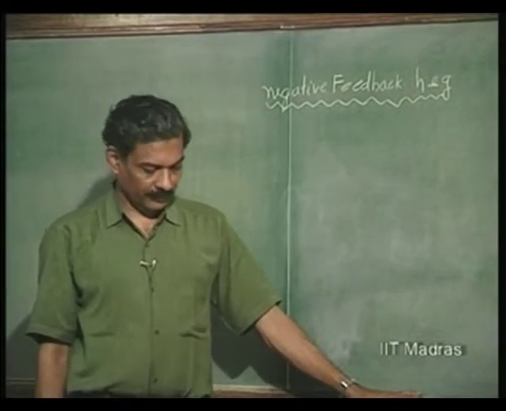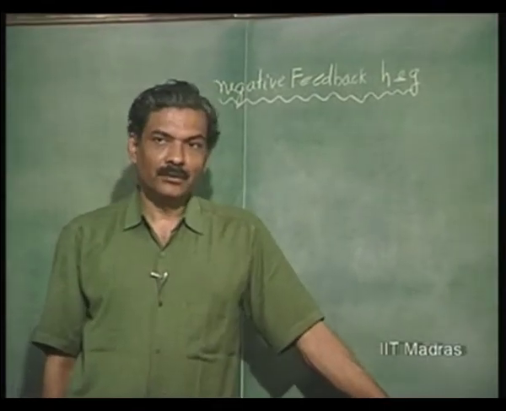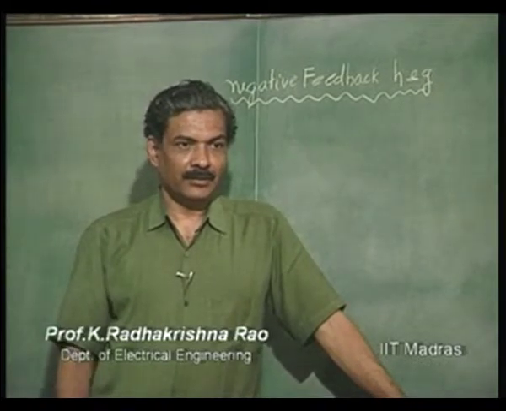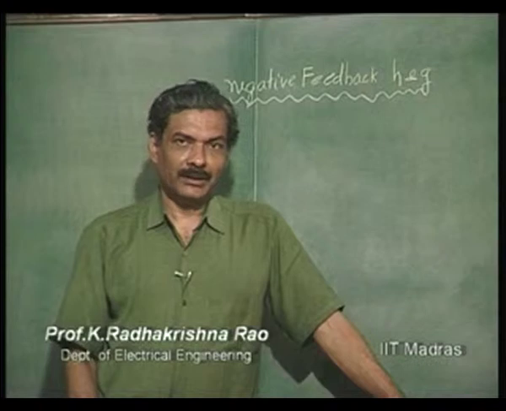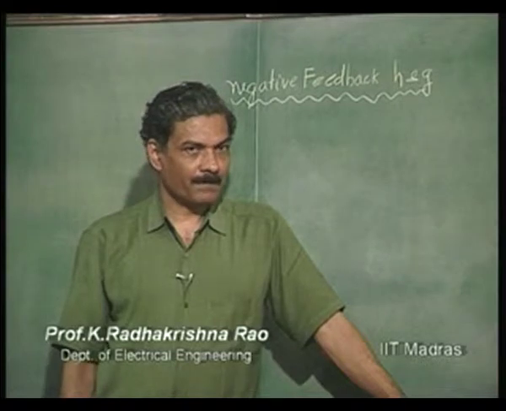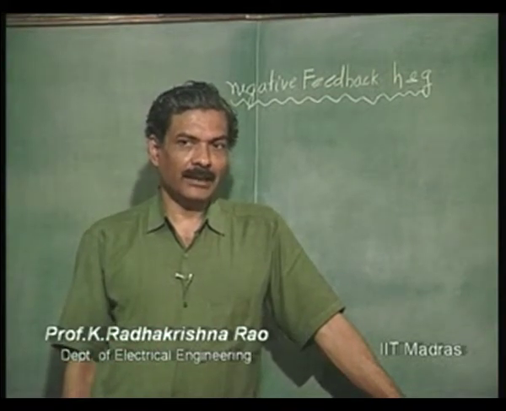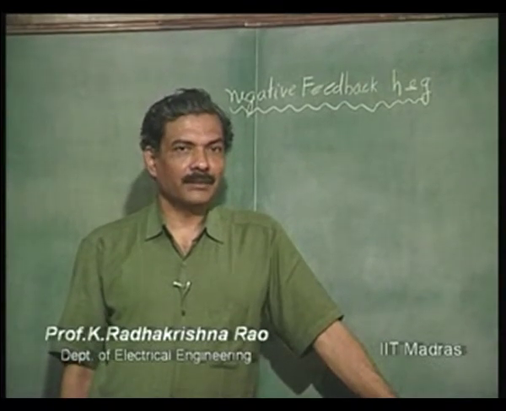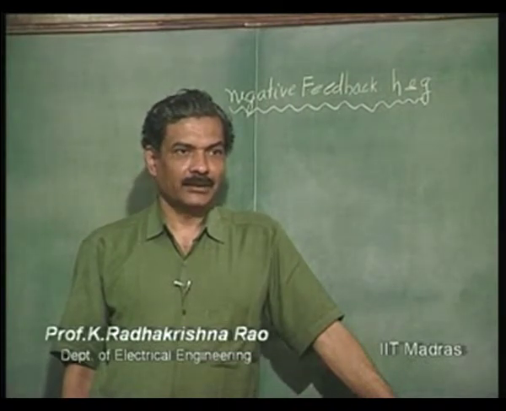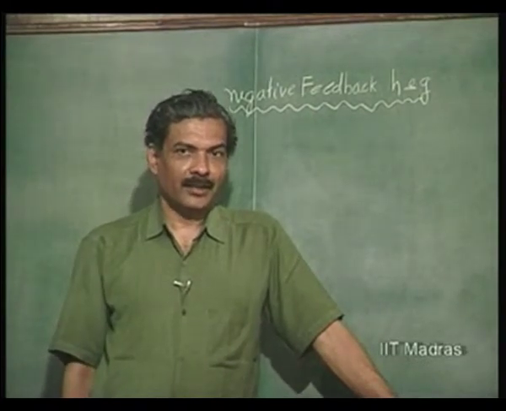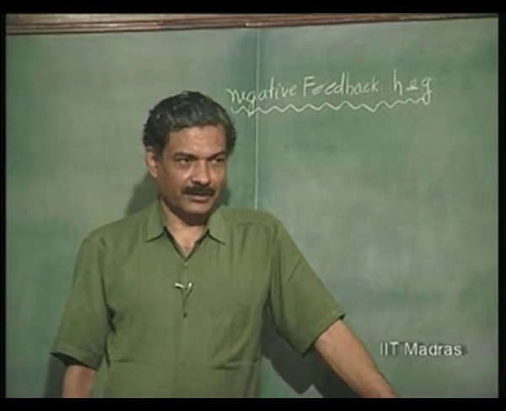In the last class, we saw how Z and Y feedback could be applied to obtain a voltage control current source and a current control voltage source respectively. Then we also discussed how H and G can result in a voltage control voltage source, that is common collector, and a current control current source, that is common base structures.